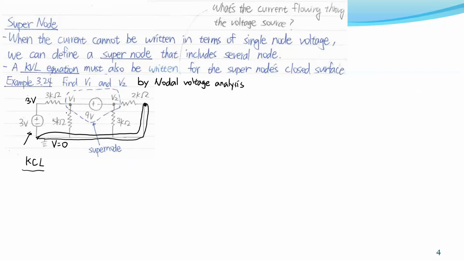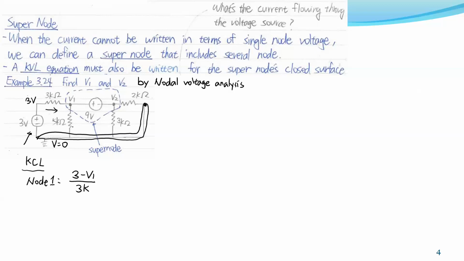So we look at node 1, and we need to define the current flowing into node 1. Its direction is like this. Since it goes from left to right, we have 3 minus V1 divided by 3K, right? This is the current flowing through this 3K ohm resistor.